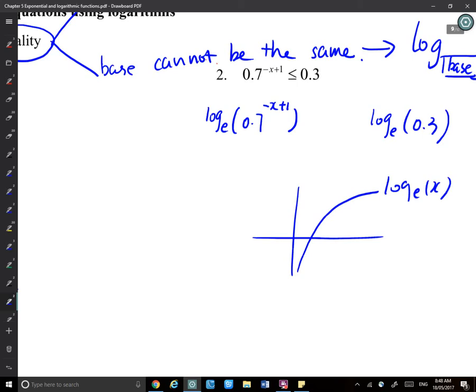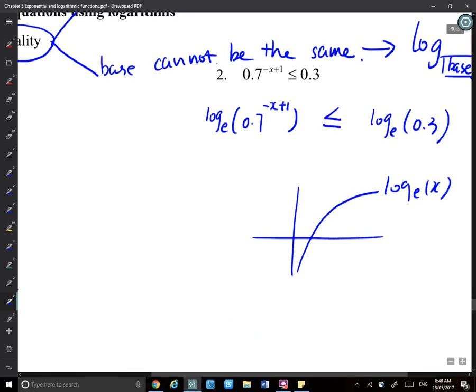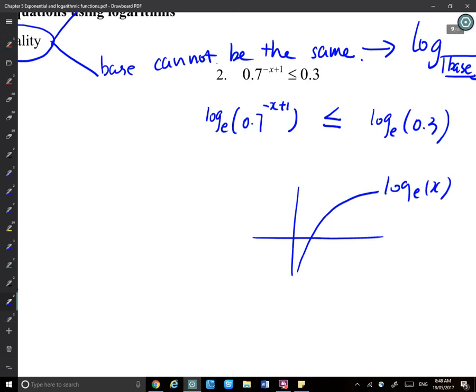So your left-hand side number is less than the right-hand side number, so your log will be less as well, because log is an increasing function. The higher the x values, the higher the y values. So when you substitute into log e, the whole log e will be less than log e 0.3, because that number is here, 0.3 is here, so the 0.3 will be higher.